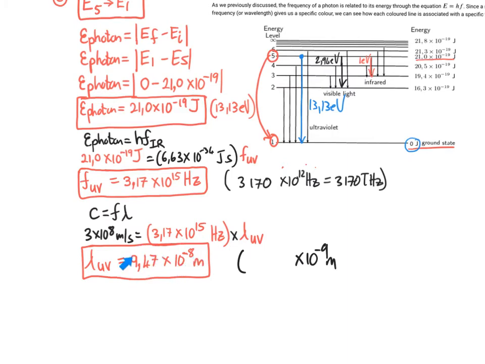It means we've got to balance it by timesing by 10 to the 1 here, which is the same as moving the comma 1 place to the right. So we get that this is equivalent to 94,7 times 10 to the minus 9 meters, which is the same as writing 94.7 nanometers.